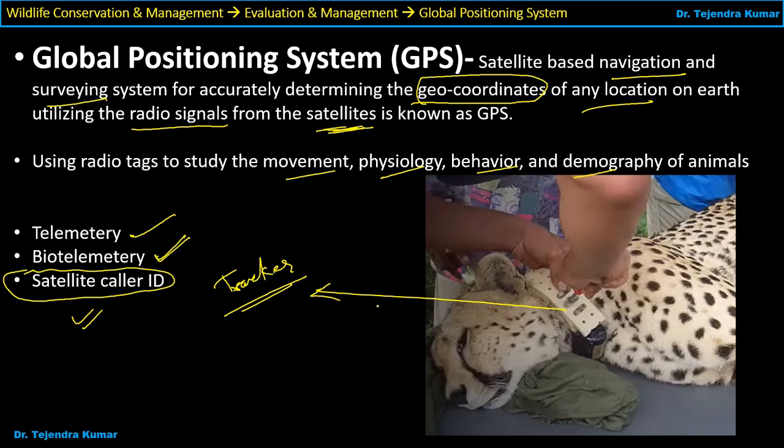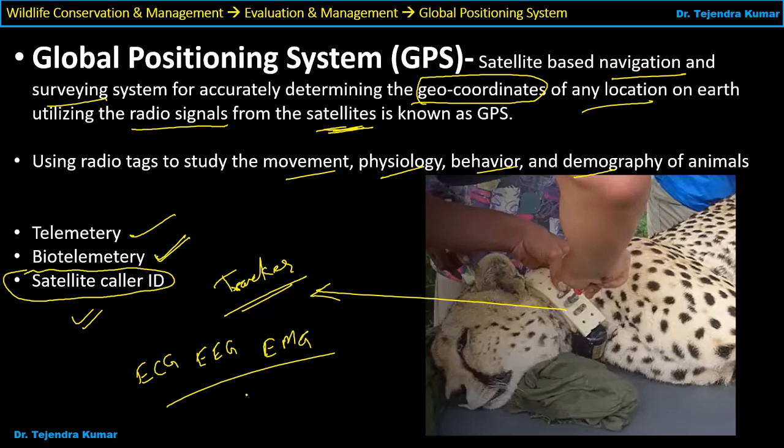It has a GPS system in it, and it also identifies geological activities as well. It provides many physiological parameters like ECG, EEG, EMG, as I told you in the last slide as well.